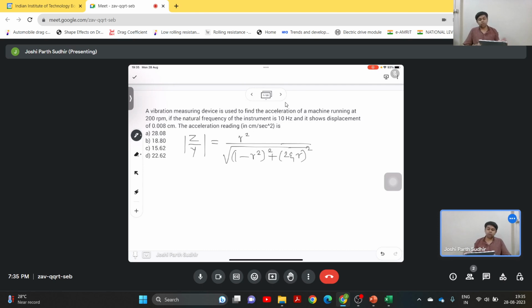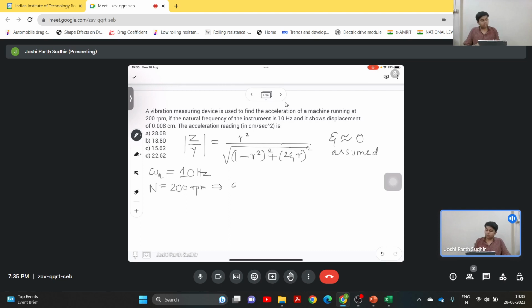Now here we have not been provided with any information related to damping. So let us assume that damping is nearly 0. It is also given that omega n is 10 Hertz and the machine is running at 200 RPM.